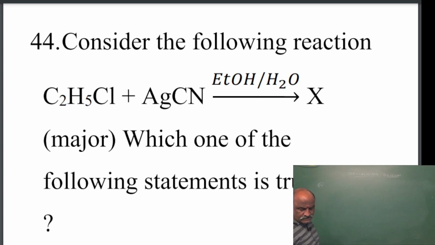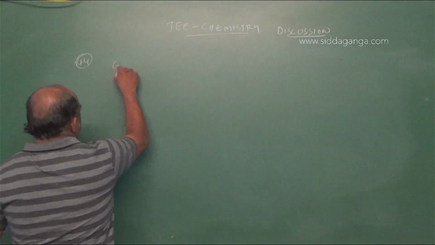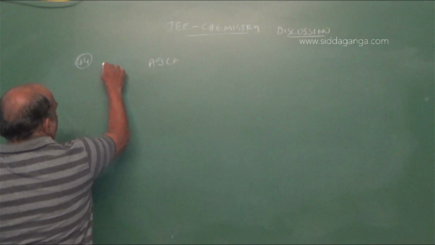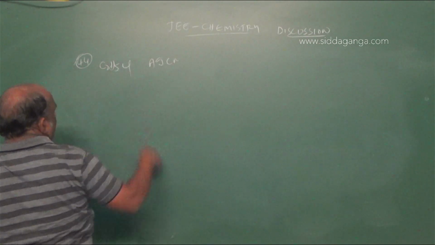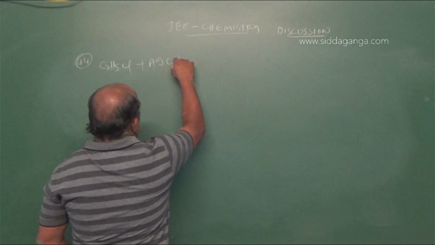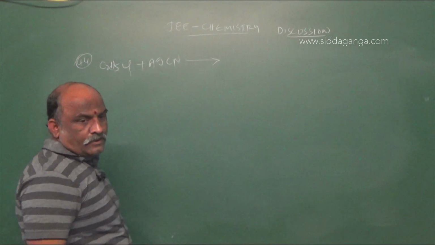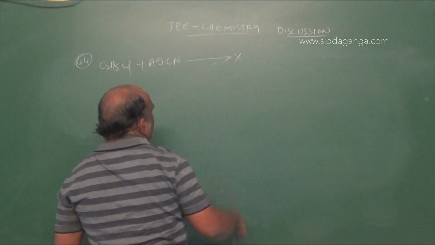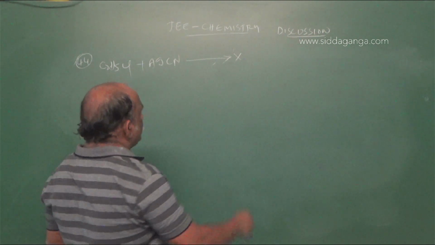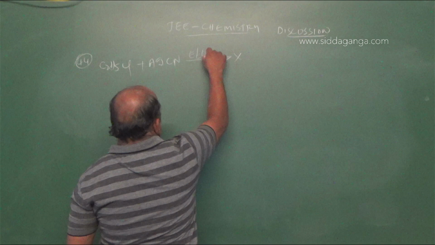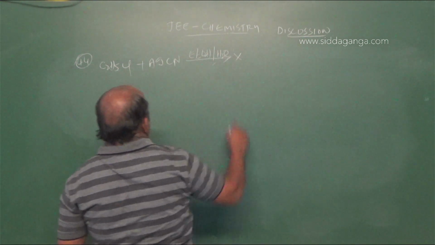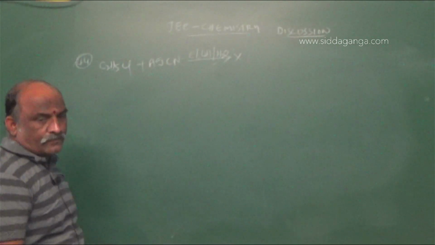So the general reaction is C2H5Cl plus AgCN gives X with EtOH/H2O.